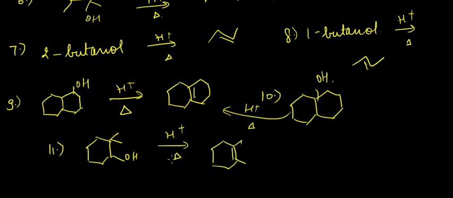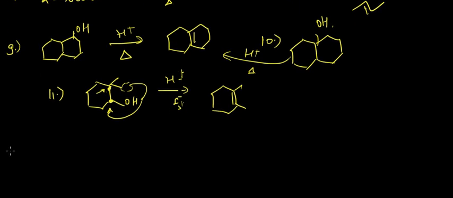Why? 1,2 CH3 minus shift, because carbocation at this position would be more stable, hence it will shift, and this CH3 will come onto this carbon atom, this one. Okay, let's look at another example, where we have something like this, H plus and heat.